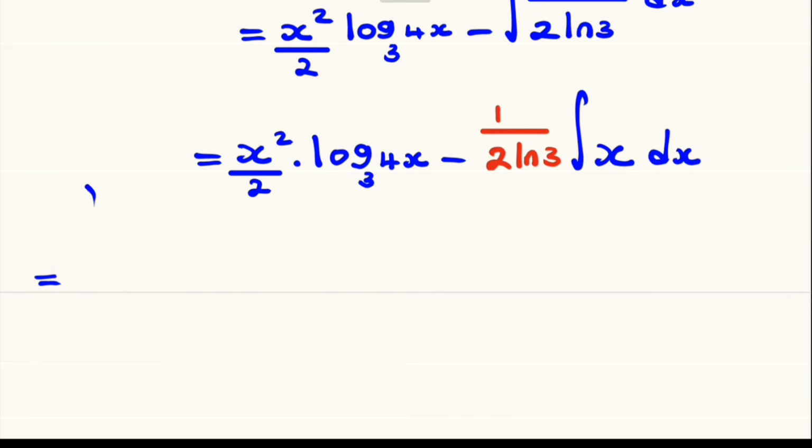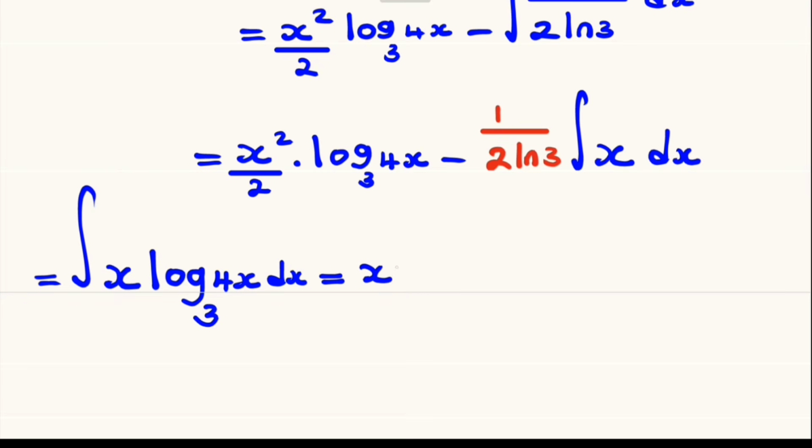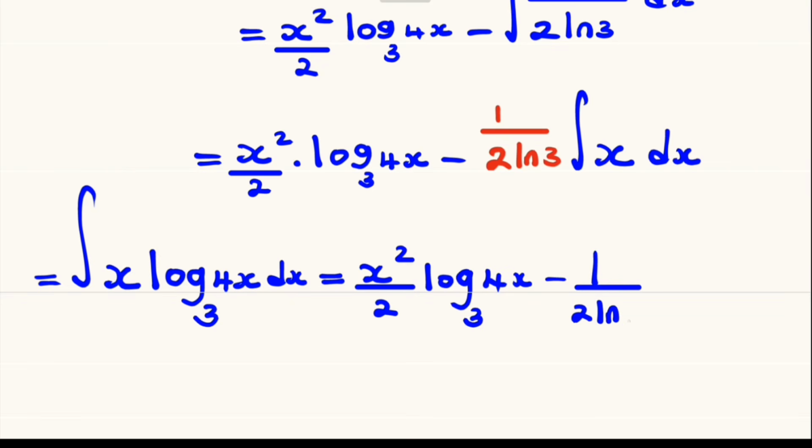Finally, we have the integral of x multiplied by the log base 3 of 4x dx equal to x squared divided by 2 multiplied by the log base 3 of 4x minus 1 divided by 2 ln 3.